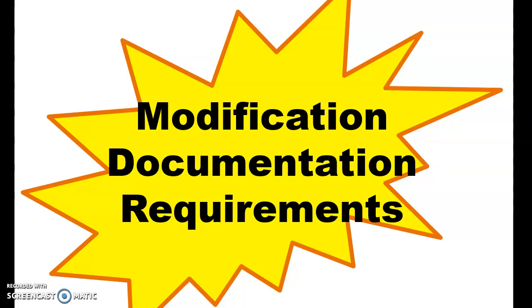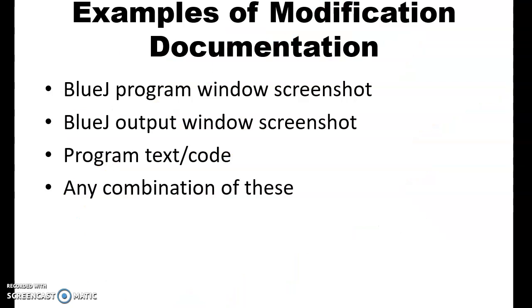I know that's a mouthful, but here are some examples of what they might be. They might be your BlueJ program window screenshot. They might be a screenshot of your BlueJ output window with your program's output listed. They might be your program's text, the code copied from the BlueJ programming window into the Schoology assignment page, or it may be any combination of these.